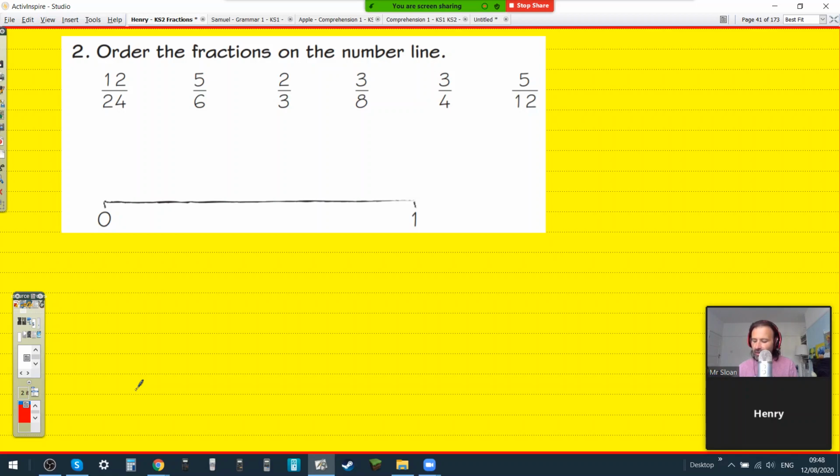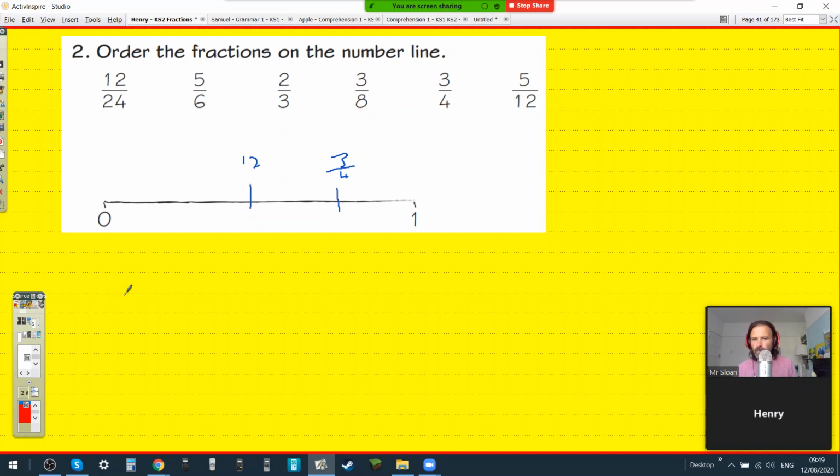Okay, so 3/4 would go about here. That's about 3/4, I would say. And then 2/3 is, oh wait, actually 12/24 is right here because it's half.